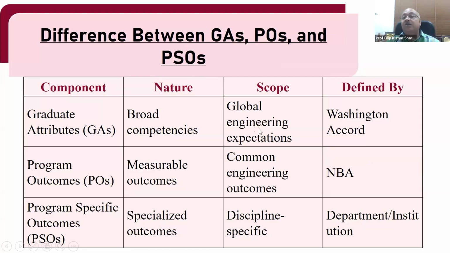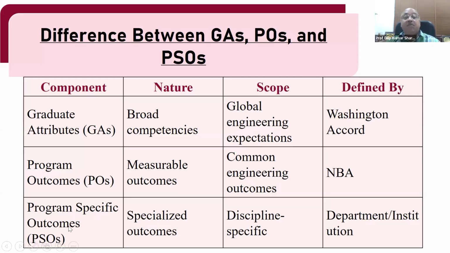Scope means global engineering expectation. Certainly it is defined by the Washington Accord and NBA follows them. Program outcomes are the measurable outcomes, common engineering outcomes. They are defined by the National Board of Accreditation, aligned with the Washington Accord.